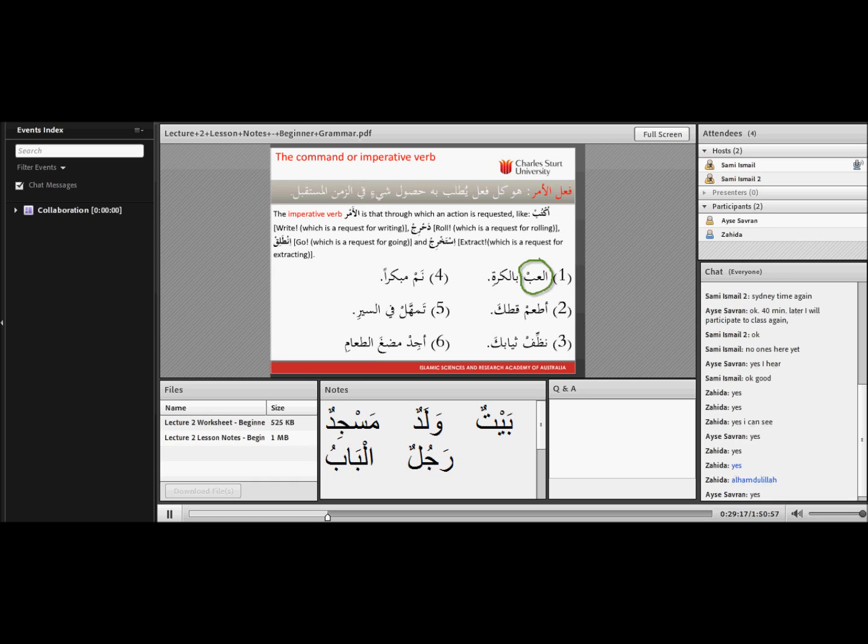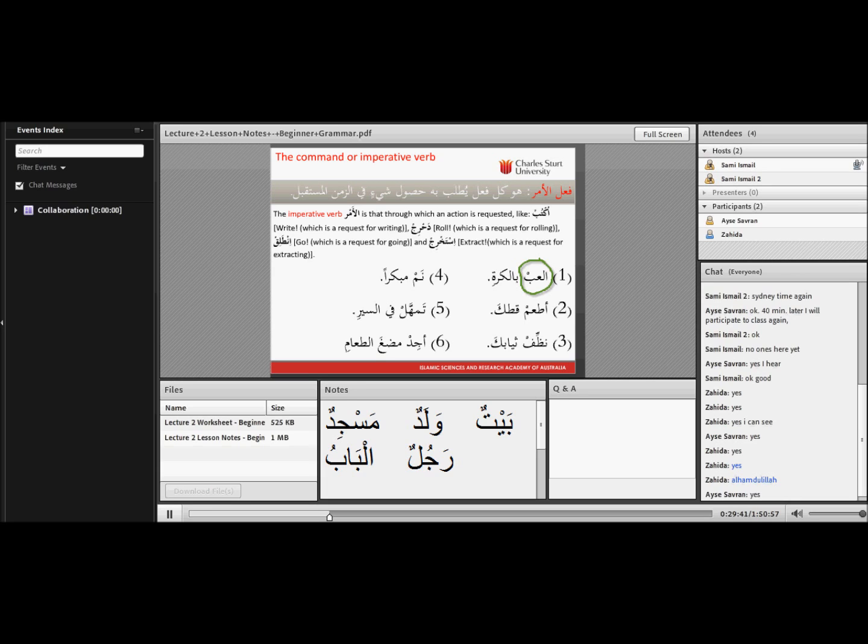So what does sukun mean? Sukun means it doesn't have the a-i-u sound, right? It's not il-ada, il-abu, il-abi, it's il-ad. So one of the signs of a fi'al amr, or a command verb, is that it ends with a sukun. Obviously there are exceptions, no doubt, but the overwhelming majority ends with a sukun.